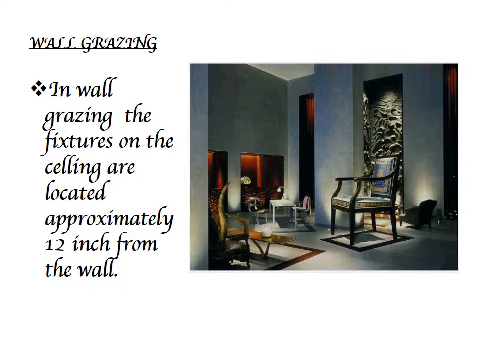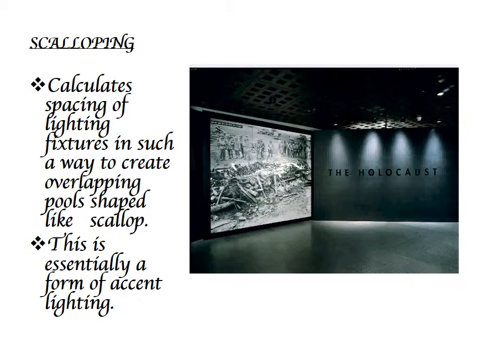Wall grazing. In wall grazing, the fixtures on the ceiling are located approximately 12 inches from the wall. You can see in the picture. Scalloping. Scalloping calculates spacing of lighting fixtures in such a way as to create overlapping pools shaped like a scallop.